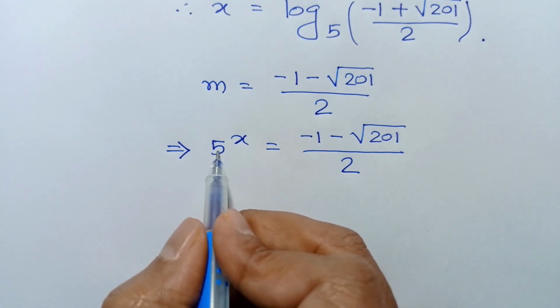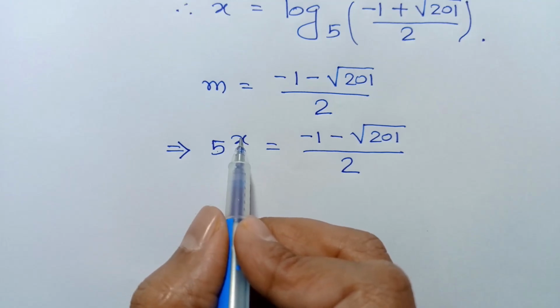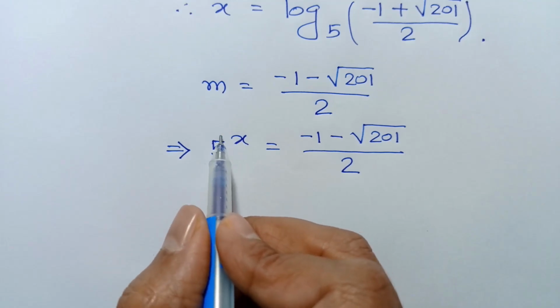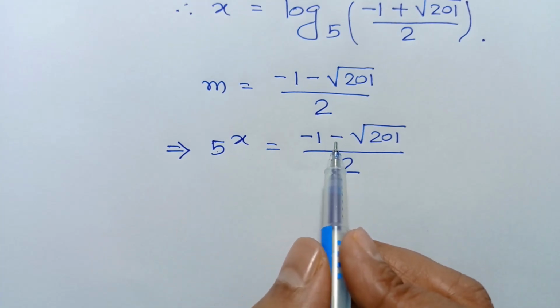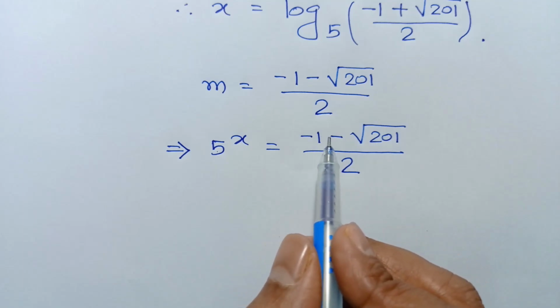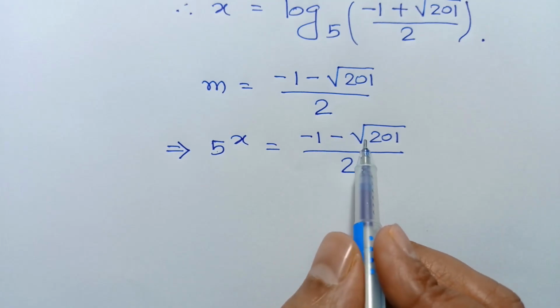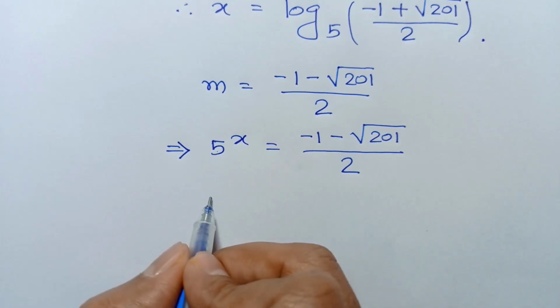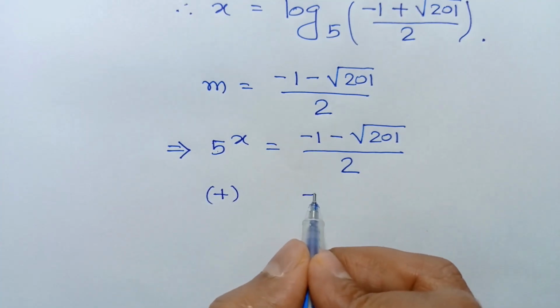So 5 to the power x is always positive for any real value of x. So the left side is always positive, and negative 1 minus square root of 201 divided by 2 is always negative, so the right side is always negative. So the left side is always positive and the right side is always negative.